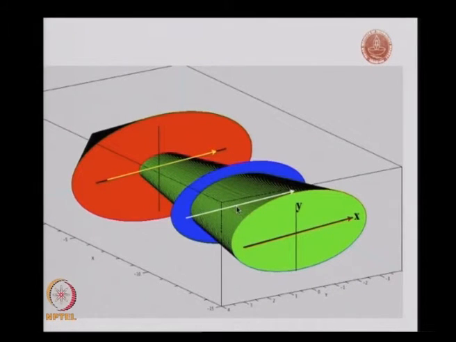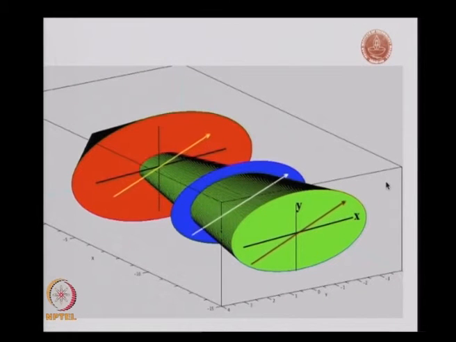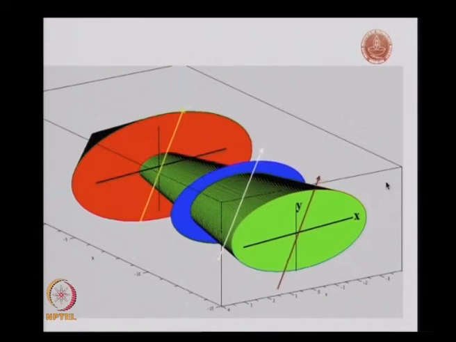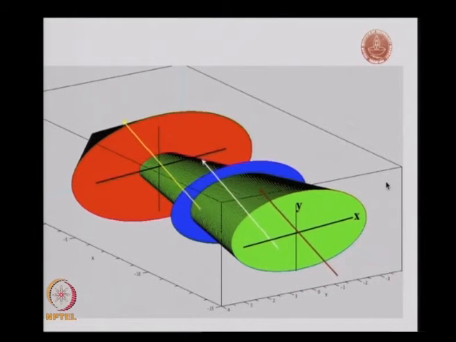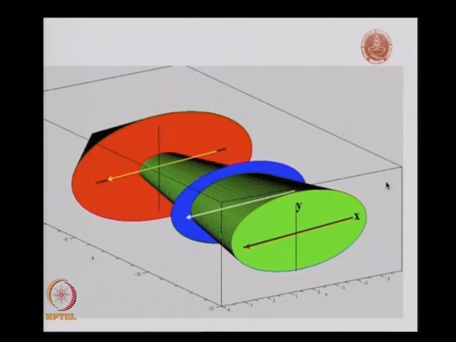So, I am basically taking three diameter vectors on these three slices, so to speak. Now, let me rotate this.